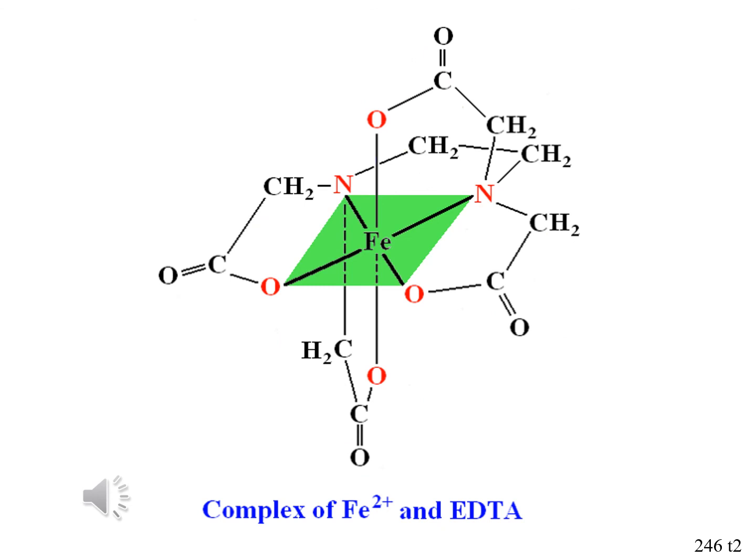The EDTA one is even crazier, because if you count the number of bonds to the iron, you're going to see that it's in the shape of an octahedron. So there's 6 bonds sticking out of the iron. That means that the coordination number is 6, but how many ligands is that?